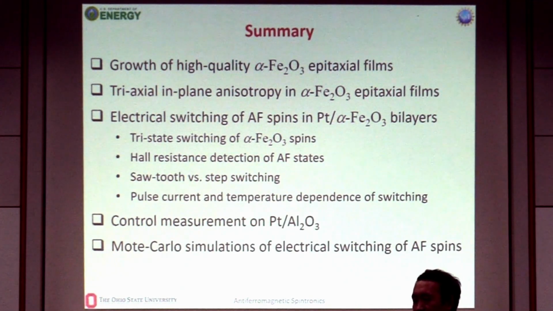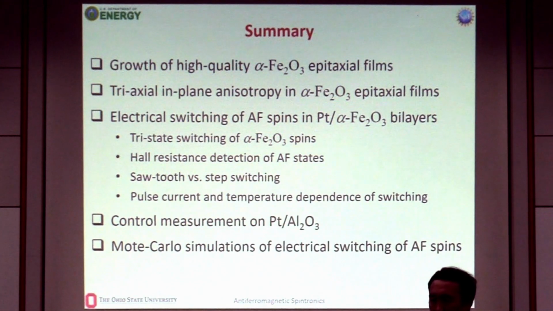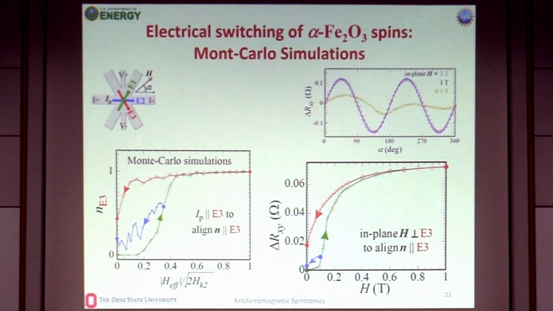Question. When you see the decay, when you go with the magnetic field back to zero, it looks like you're not switching it permanently. Which data are you referring to? One of these, yes, here. So you go up with the field, and when you go back, it actually relaxes partly. That's right.